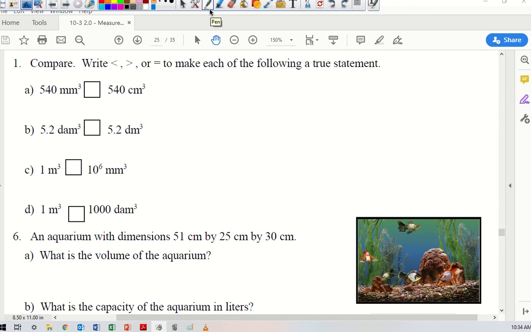Now, do you have a conversion that goes directly from millimeters cubed to centimeters cubed on your formula sheet? If you do, what is it?